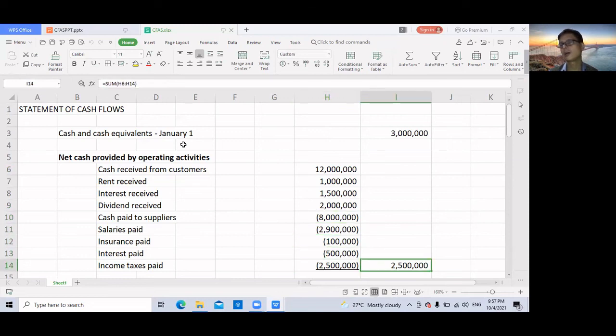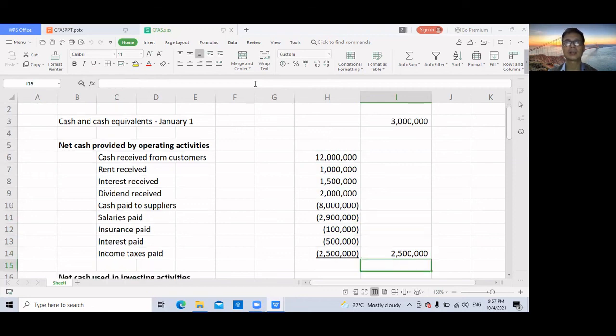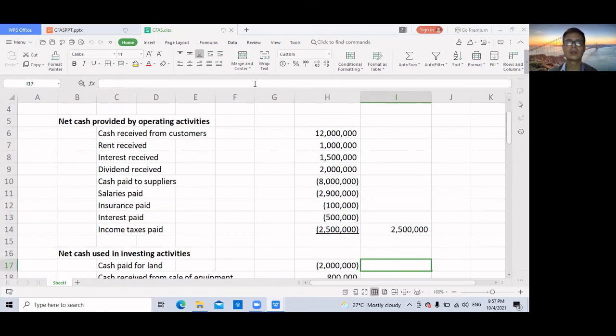So we will have a net balance of 2,500,000. We just took that, and now it should be added to the cash and cash equivalents. Later we will show it. So 2.5 million.